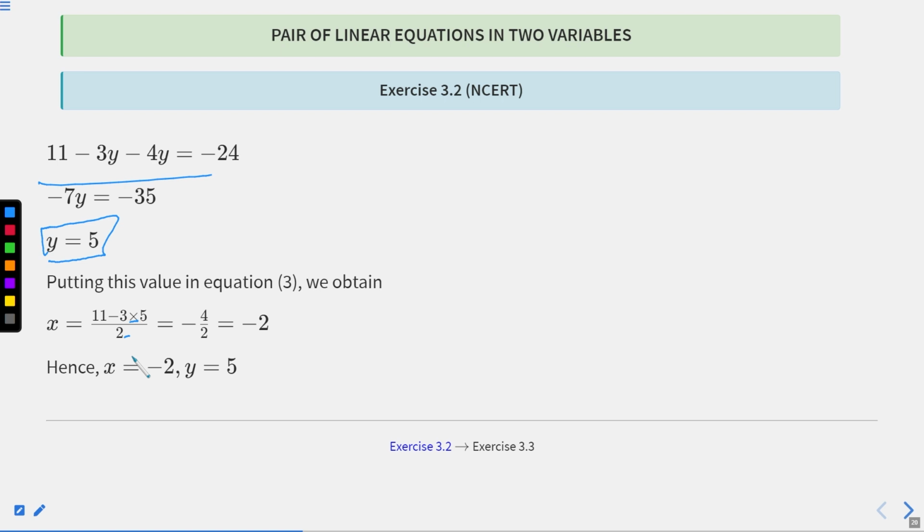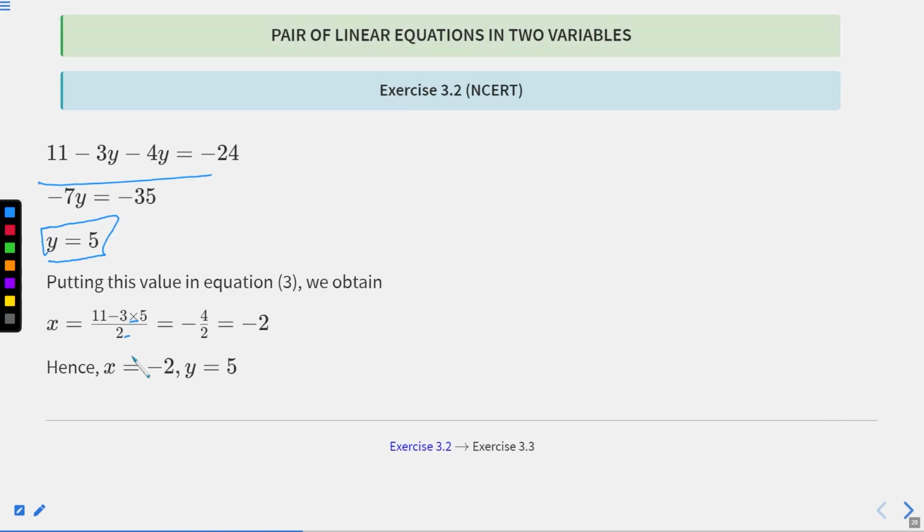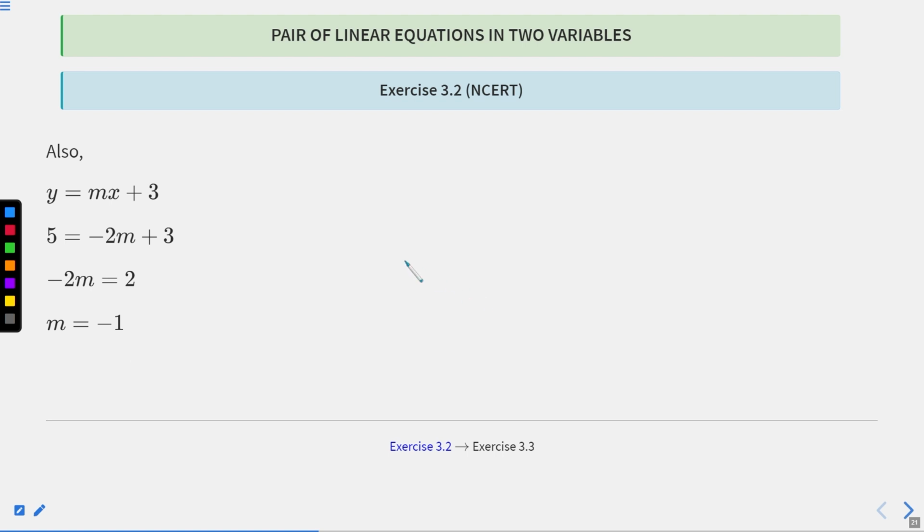So now we are given y is equal to mx plus 3, and we also solved the value of x is equal to minus 2 and y is equal to 5. So now if we substitute the value of x is equal to minus 2 and the value of y is equal to 5 in equation y equal to mx plus 3, then we get 5 is equal to minus 2m plus 3.